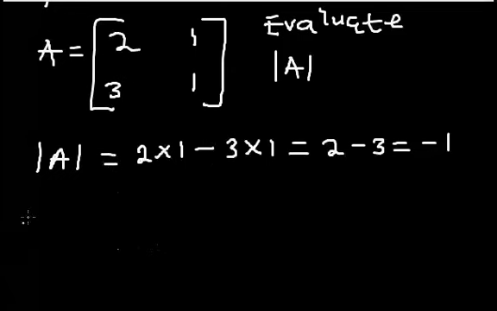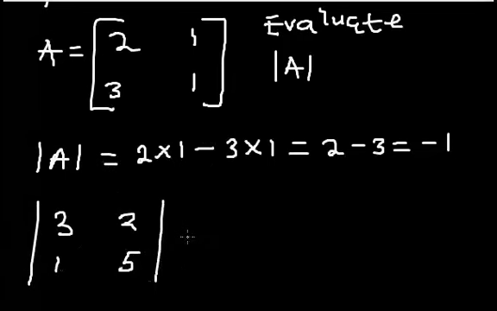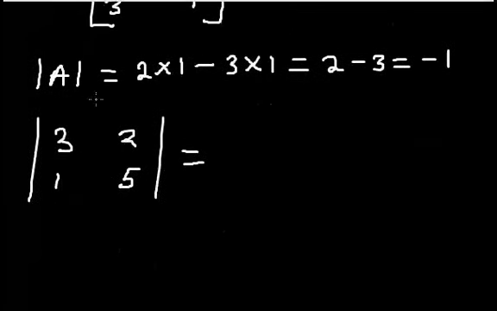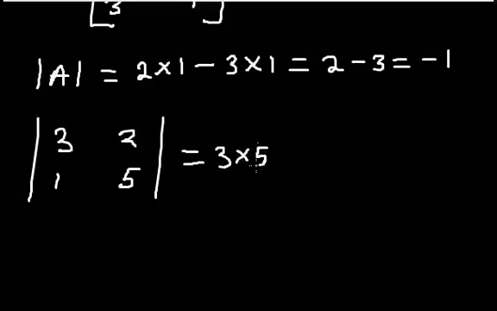For example, let's say you're being asked to evaluate 3, 2, 1, 5. By this symbol, you know very well that this is the determinant of this matrix. So that's the product of the major diagonal, 3 times 5, minus the product of the minor diagonal, 2 times 1.